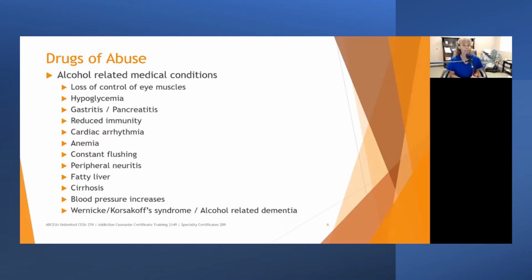People may have anemia because alcohol inhibits the absorption of certain vitamins and minerals. They may experience constant flushing, peripheral neuritis, fatty liver, cirrhosis of the liver, increases in blood pressure.